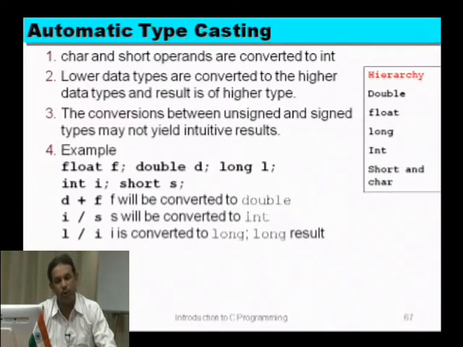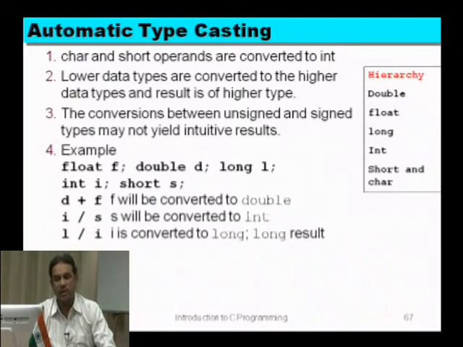Integer divided by short will be converted into integer, because short has lower hierarchy than integer, and the result will also be of type integer. Next, l divided by i, where l is a long variable: long divided by integer is converted into long and the result will also be long.